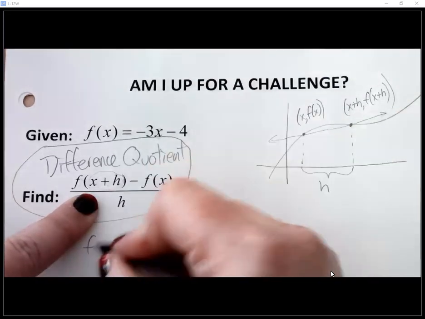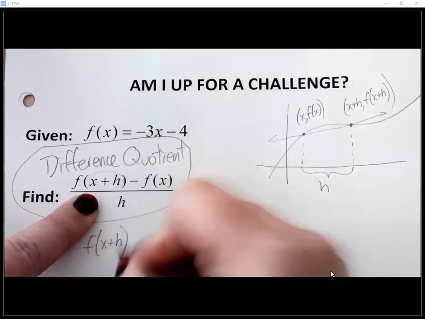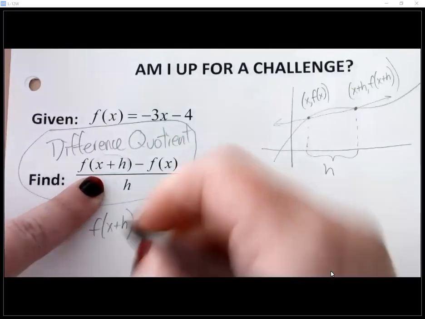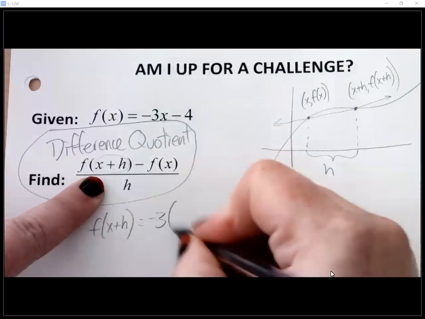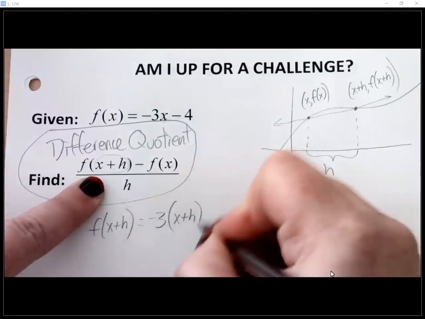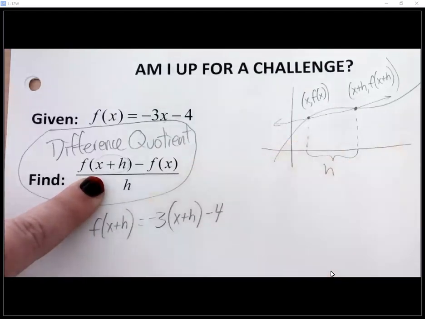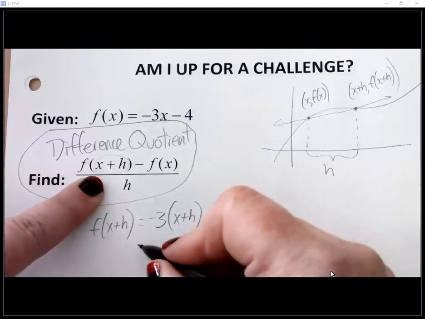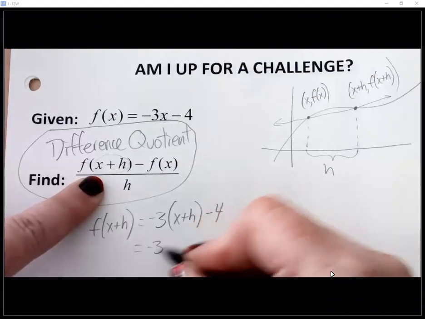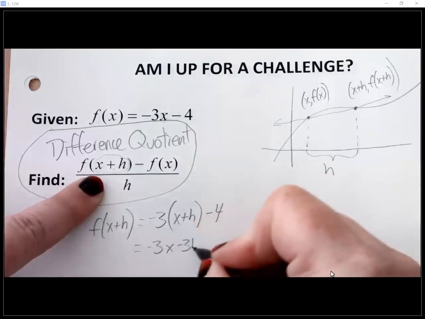F of x plus h, wouldn't that just be -3 times x plus h minus 4? Or just that chunk? Right? Do you agree? F of x plus h. Now I can go ahead and simplify this. So that's -3x minus 3h minus 4.